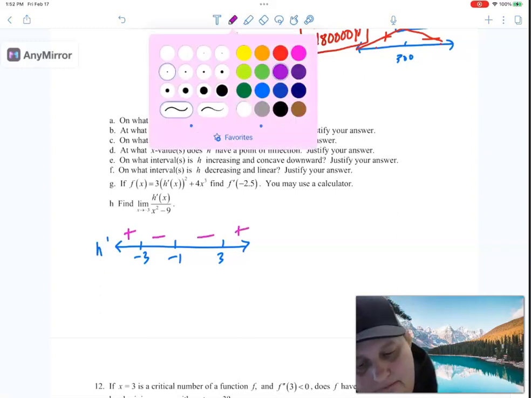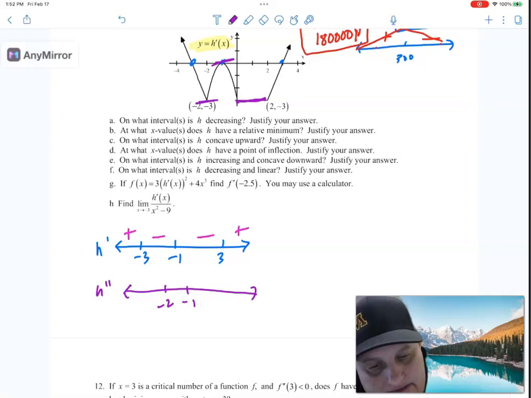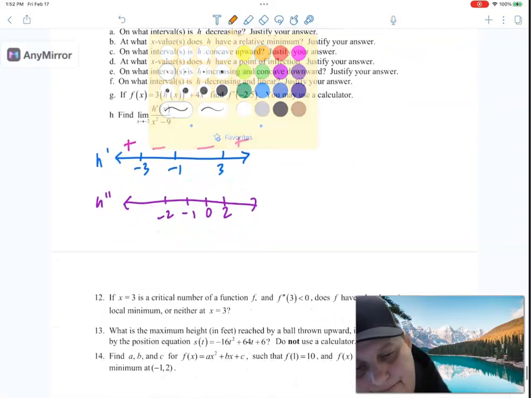My second derivative, which remember is the slope of the first derivative, is going to change at -2, -1. It's all 0 between 0 and 2. And this one goes like this.